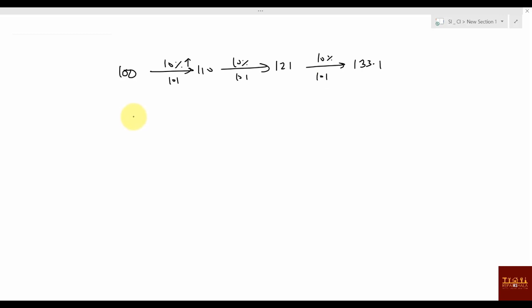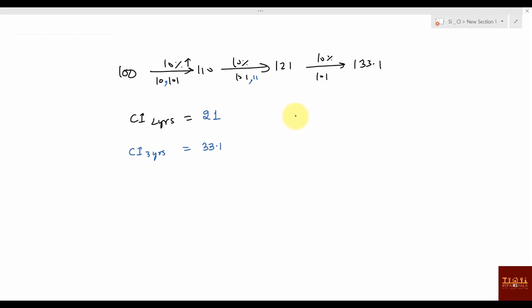If I say CI for 2 years, what will be your CI for 2 years? Here it was 10 and here it was 11, right? So CI for 2 years will be 21, and CI for 3 years will be 33.1.